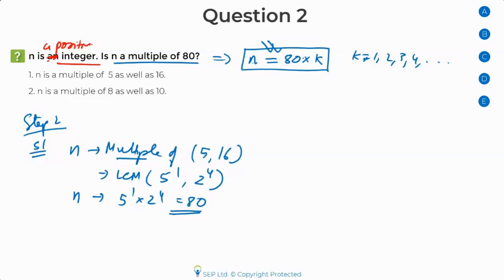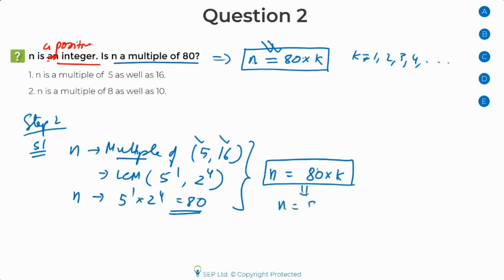Now, using this statement, I can say that N could be 80 times K. It could be anything. I don't know what it is, but I know it is definitely 80 times something. Only then will it be a multiple of 5 and 16 both. If it's confusing somebody, this is how you need to think about it. It's a multiple of 5 and it's a multiple of 16. It could have anything else also. N could be 240 also. That's not a problem for me.